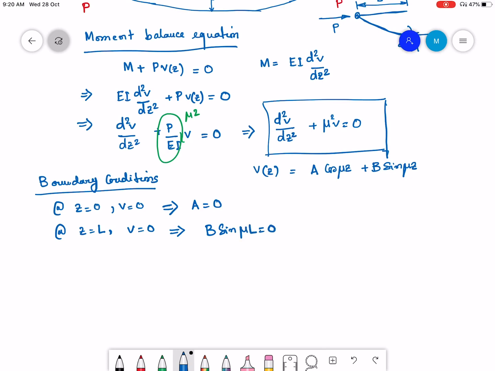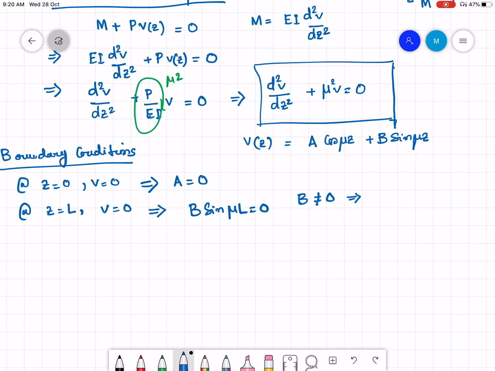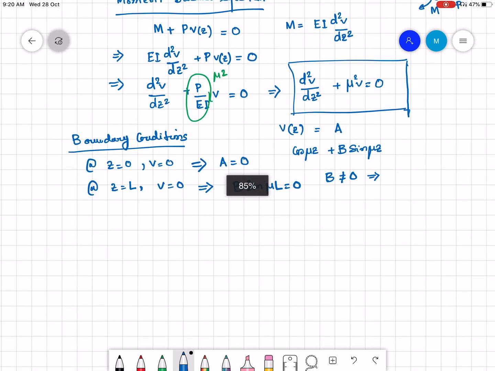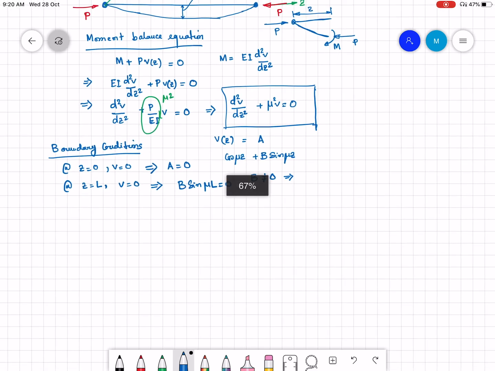Now b cannot be equal to 0 for a non-trivial solution. If a is already 0 and b is 0, then v(z) is 0, which is a trivial solution.